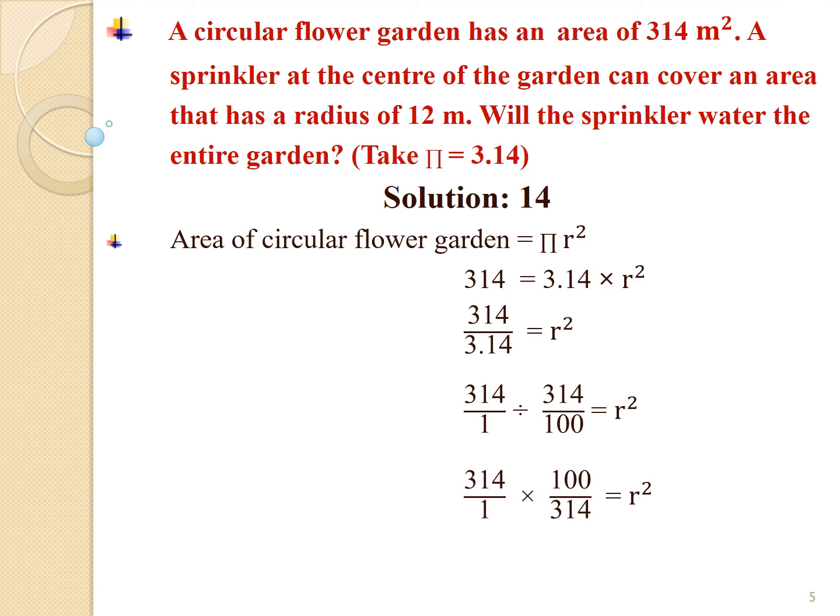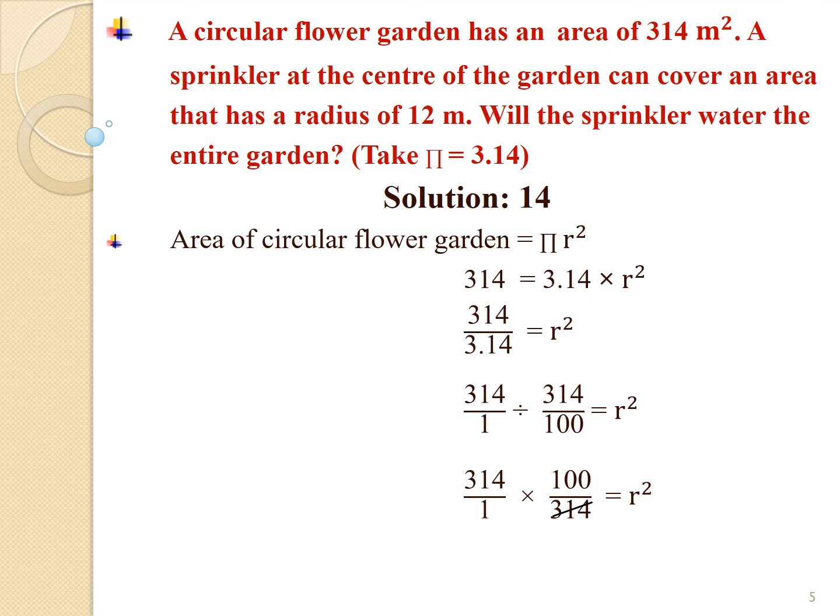Students, now we have to cancel common numerator and denominator 314. Thus, cancelling denominator 314 and numerator 314, we get 100 upon 1, which equals 100, so r square equals 100.